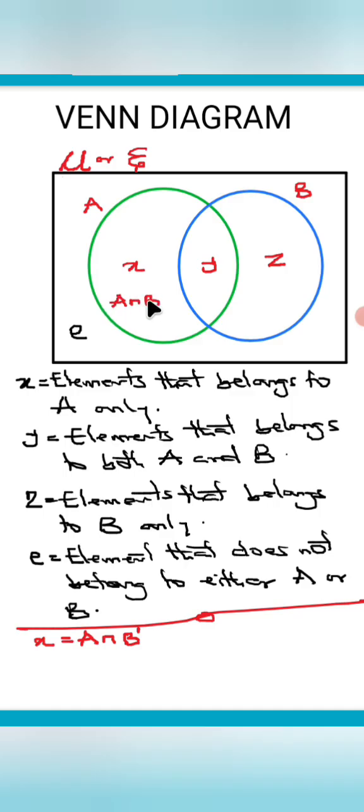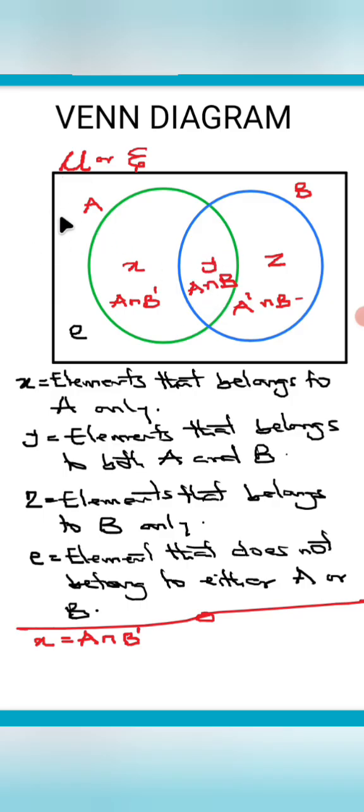A intersection B complement. And this other part here, the set B only, will be A complement intersection B. And in the middle here, we are going to have A intersection B. That is where set A and set B have elements in common.